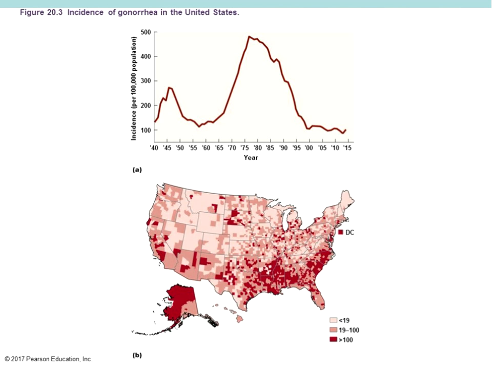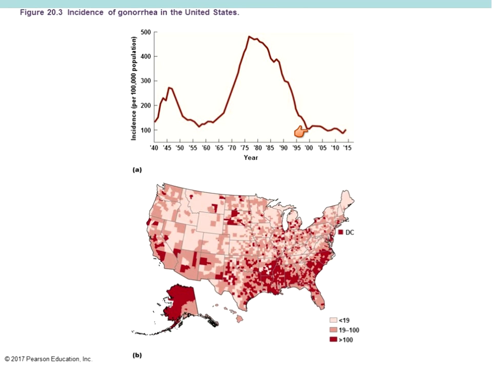So here is a lovely graph that shows the incidences of where we have the highest cases of gonorrhea, and it also has the incidences and population numbers looking at the decades. As you can see, there's this huge explosion between 1970 and about 1980 or 1985, and then we see a drastic decrease.